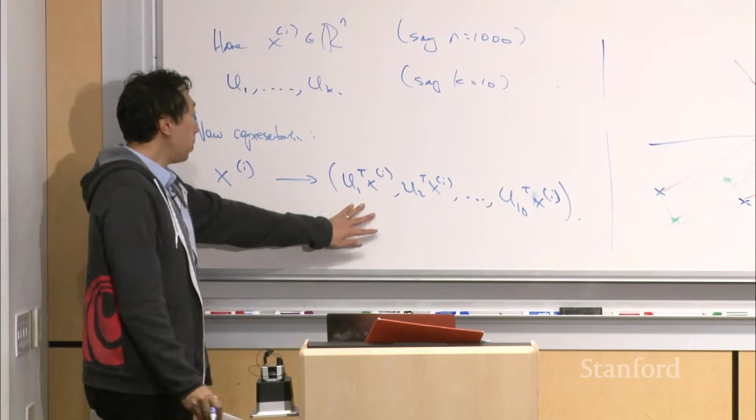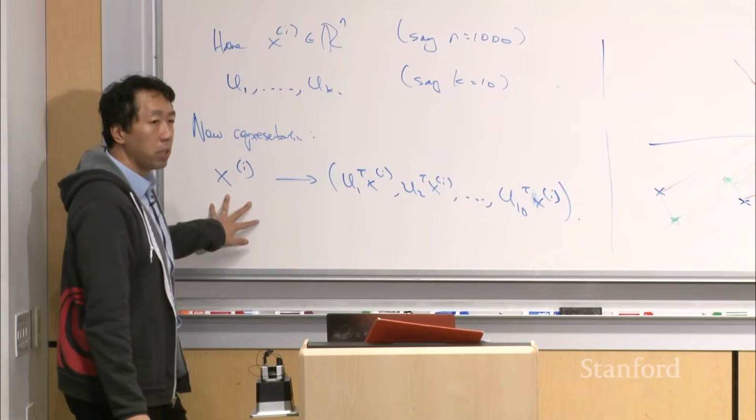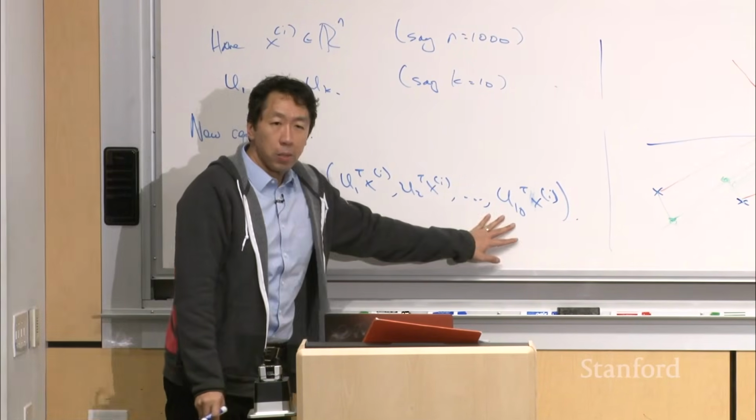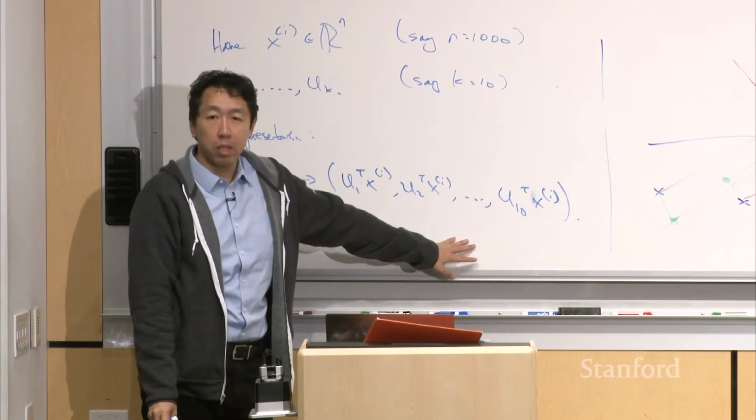And so now instead of using 1,000 numbers to represent the training example, you're now using 10 numbers to represent the training example.